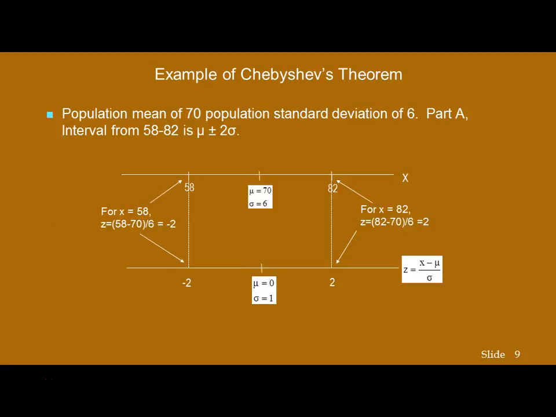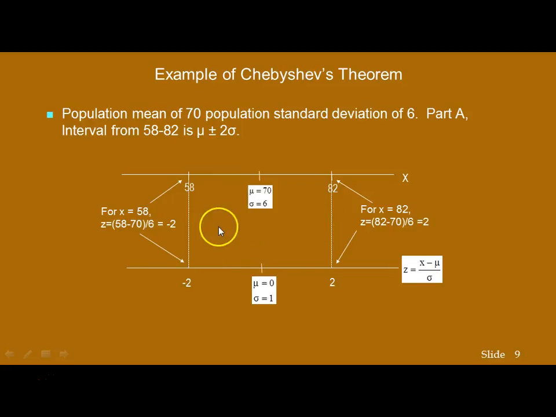What we have to do on this problem is basically figure out what the z-score is. That is, how many standard deviations above or below the mean are you going? If you take 82 and calculate its z-score, 82 minus 70 is 12, divided by 6 is 2. That is, 82 is exactly 2 standard deviations above the mean. Similarly, 58 is 2 standard deviations below the mean. 58 minus 70 over 6 is negative 2.